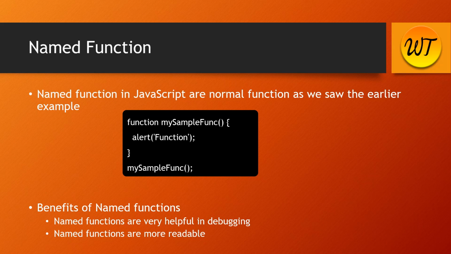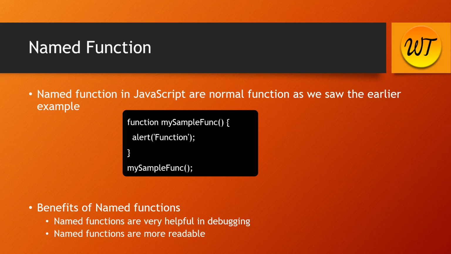Named functions. Named functions in JavaScript are the normal functions, like we saw in the earlier example. The keyword function, then we give the name of the function, and the executable code inside the brackets, and you can call the function. The named function is very useful in JavaScript.